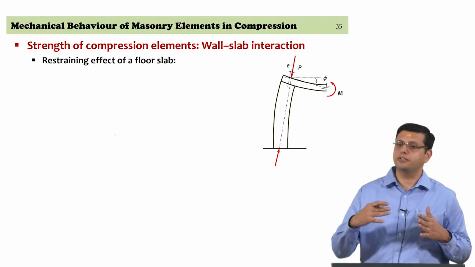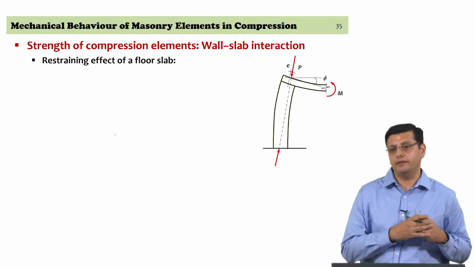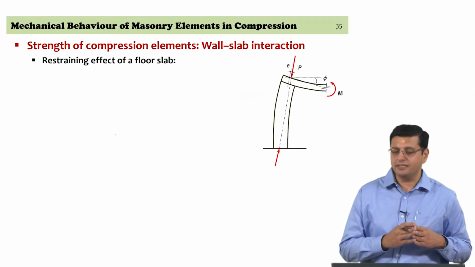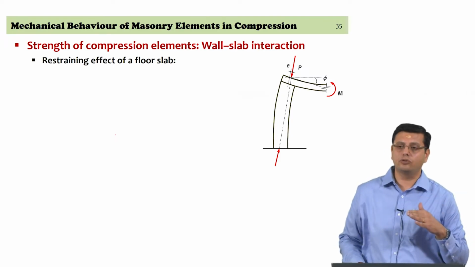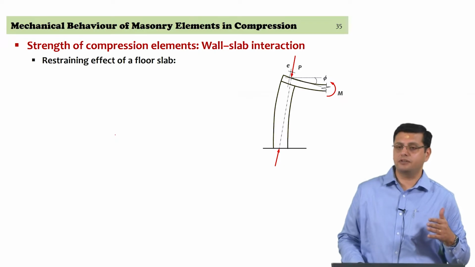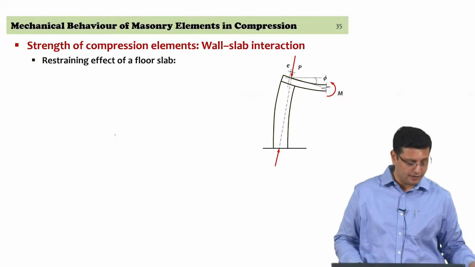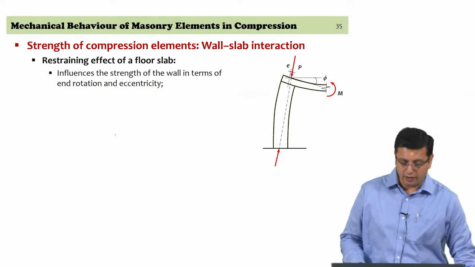The role of the floor slab is it basically restrains the deformations in the wall. So, this slab has a restraining effect, and it is essential therefore to be able to understand what is this restraint offered by the slab, and can this restraint actually be considered in the vertical load carrying capacity of the wall itself.